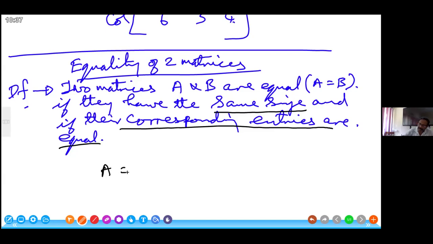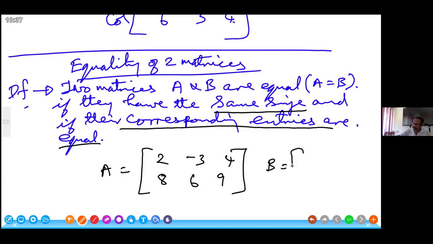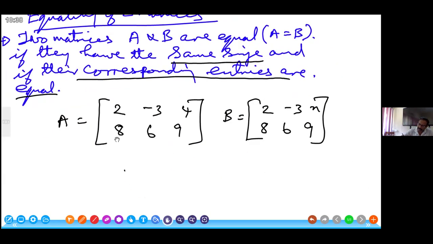Suppose let's say A is a matrix 2, -3, 4, 8, 6, 9. Let's say another matrix B is 2, -3, X, 8, 6, 9. Then we can say these two matrices are the same, right?